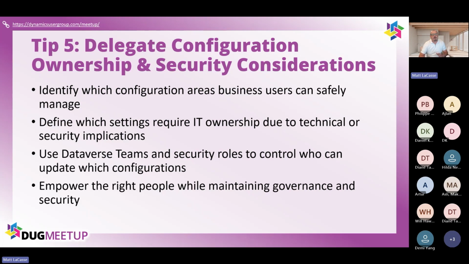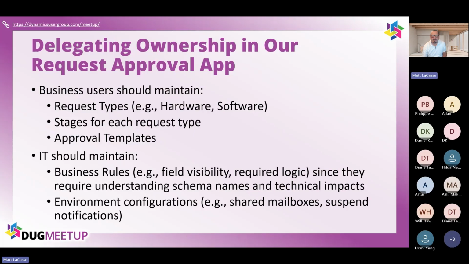It allows certain people who know what they're doing to maintain this, versus users who may not be as well aware of the configuration of the system. So in our app, it would probably be a good idea to have our business users maintaining things like our request types, the stages and approvals. But on the IT side, we're going to want to have the custom business rules, because it involves a little bit more advanced knowledge, and our environment configurations as well should be in the purview of IT.